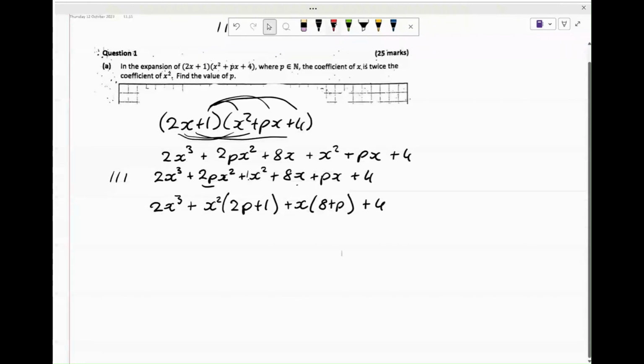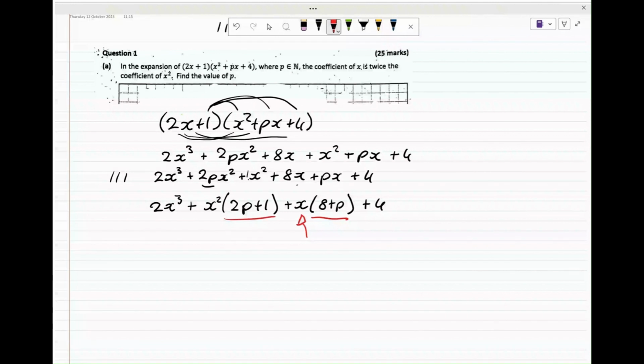So now we can see our coefficients. This here would be the coefficient of the x, and this here would be the coefficient of the x squared. So the question tells us that the coefficient of the x, this one, is twice the coefficient of x squared. So this one here is twice this one.